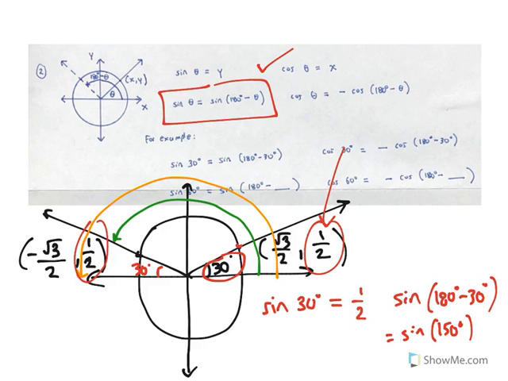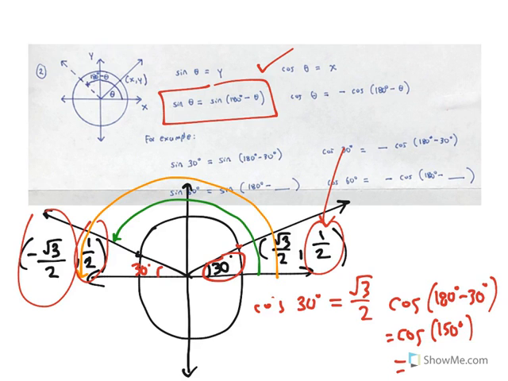Now when you look at cosine, for example, cosine of 30 degrees is square root of 3 over 2. If you look at cosine of 180 degrees minus 30 degrees, you're looking at cosine of 150 degrees, and that would be the opposite of the cosine of 30 degrees.